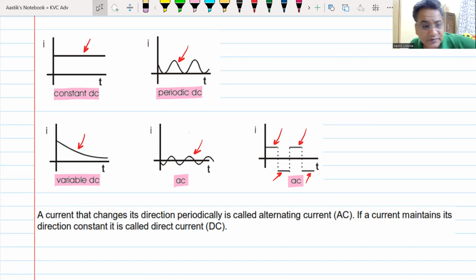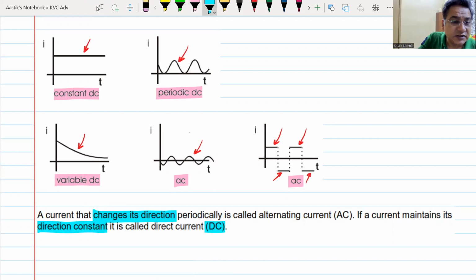That current is known as an alternating current, or if it's a voltage, an alternating voltage. If it does not change its direction, if the direction remains constant, no matter whether it changes its magnitude or not, then it becomes a DC. Do we understand this? I'll give you 2 minutes to note this down.